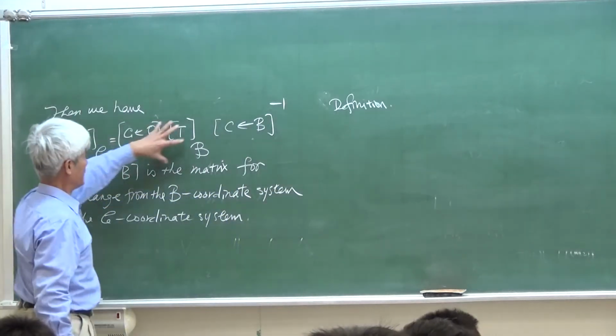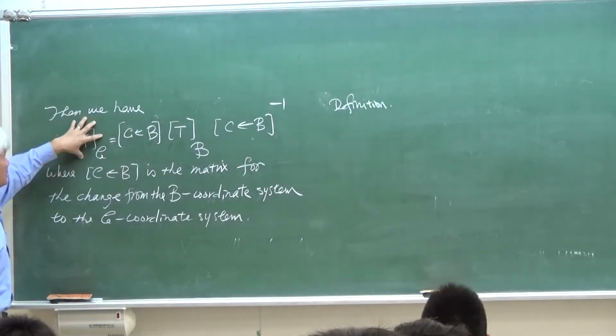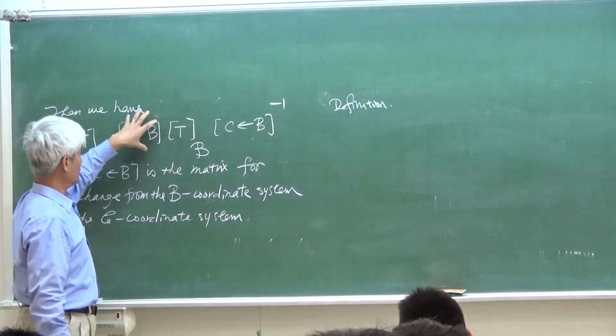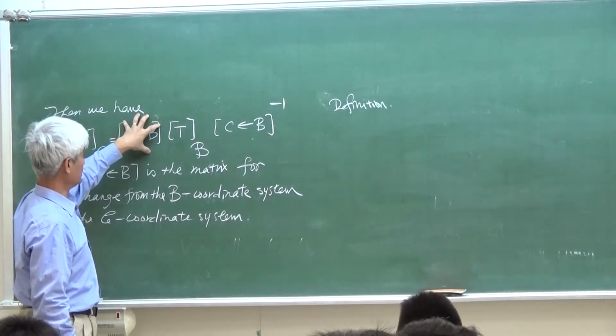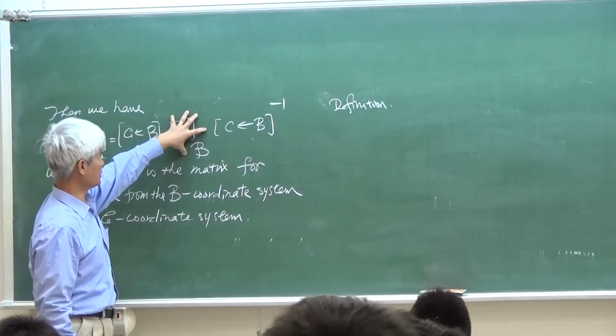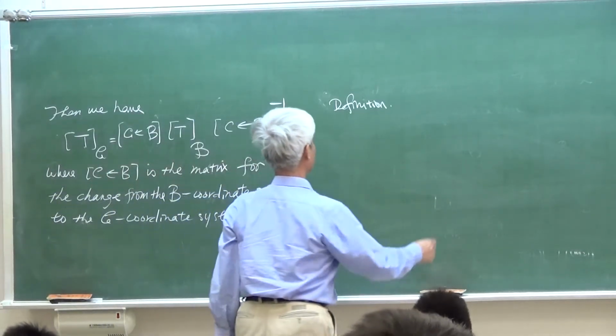So these two matrix representations are very special because for this matrix, we have an invertible matrix times the matrix and times the inverse of this invertible matrix.